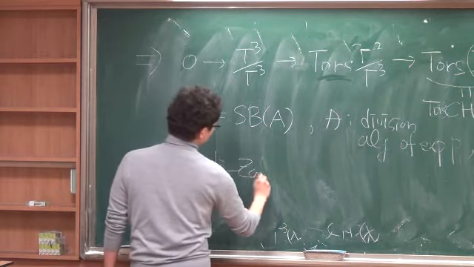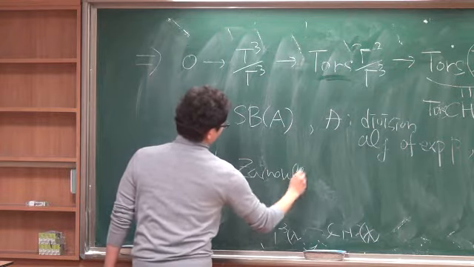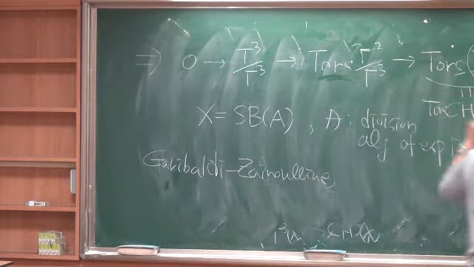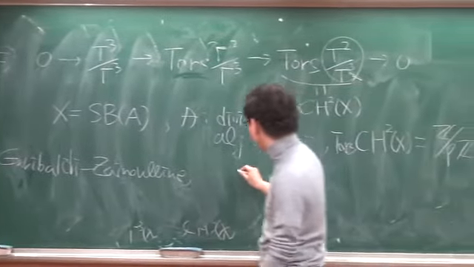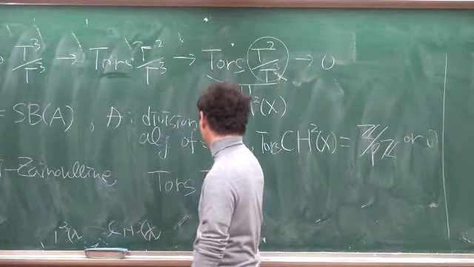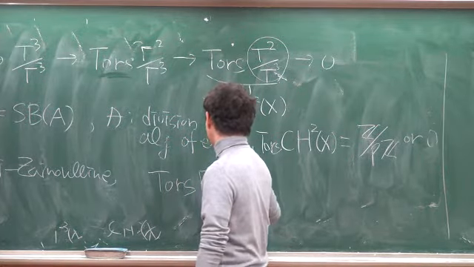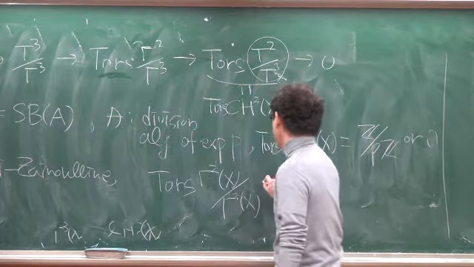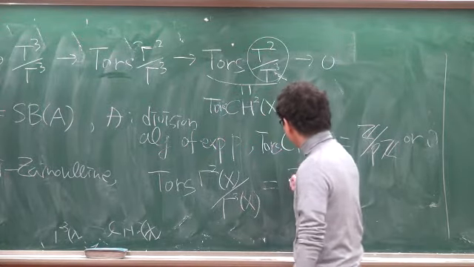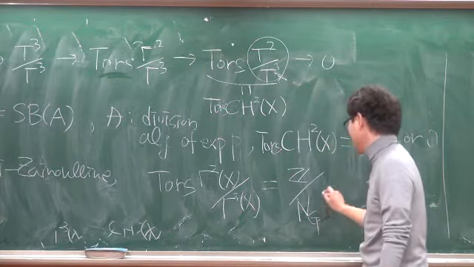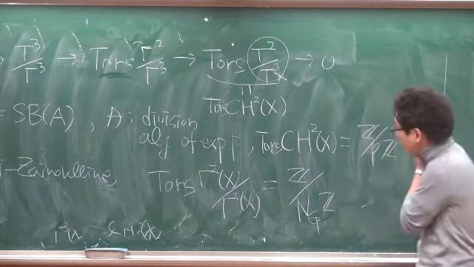And recently, Garibaldi and Zainoulline also studied this sequence, and they showed that the torsion subgroup of the gamma filtration is a cyclic group of order the Dynkin index.